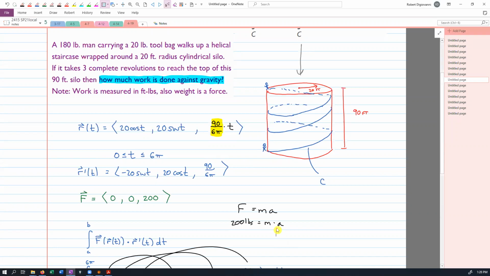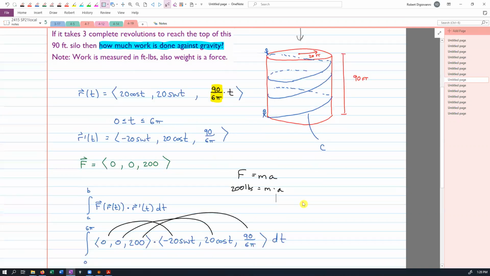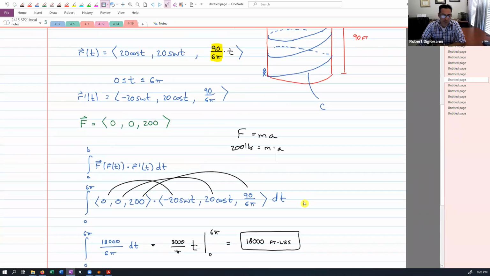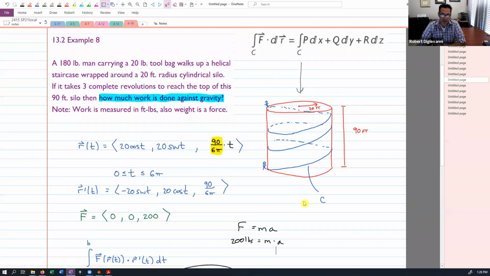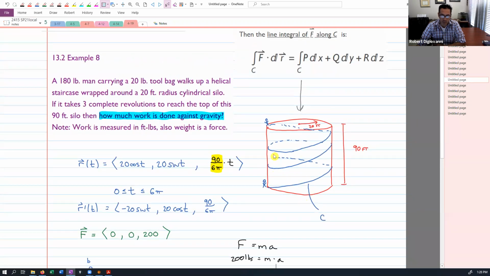Good question. Now, for those of you who have taken physics, you would know that this problem could have been done a lot easier, because whenever you move against gravity upward, the total work done has nothing to do with how far you go left to right. All that matters is the up and down.